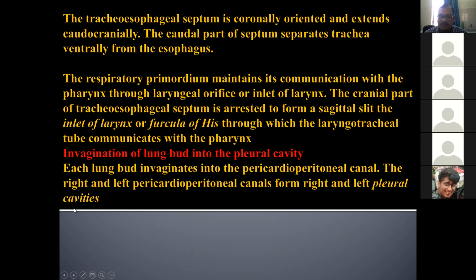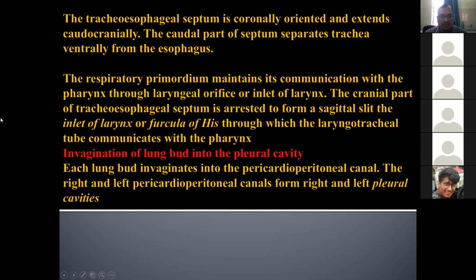Invagination of lung bud into the pleural cavity. Each lung bud was formed by the caudal part of the respiratory diverticulum. We have seen in the previous diagram that the caudal part of the respiratory diverticulum bifurcated into two structures, and each structure is known as a lung bud.